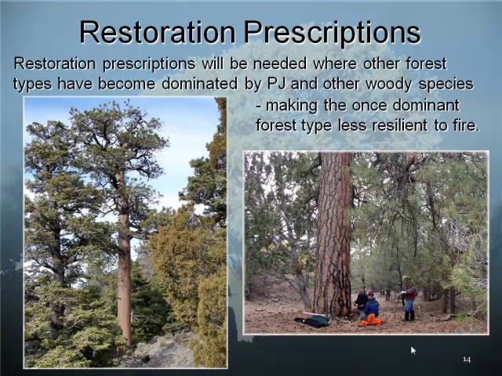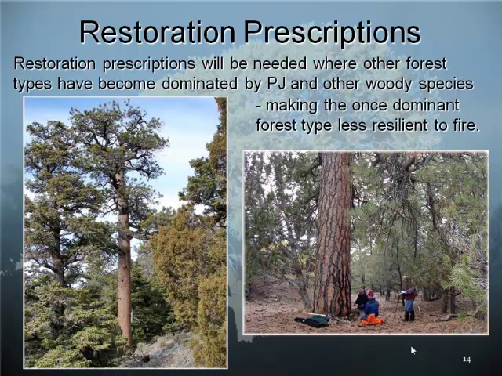Restoration prescriptions will also likely be needed for restoring and protecting ponderosa pine or other forest types where pinyon and juniper have encroached in around those trees and put those older trees at risk.